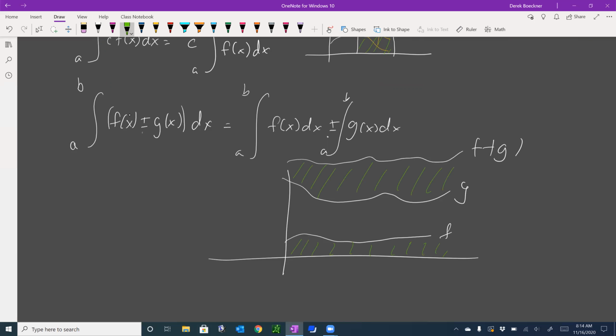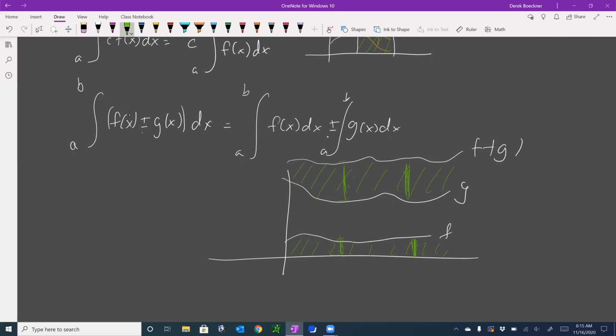I didn't draw things very well, but if you put f on top of g, the area that's under f should be on top of the area that's under g after you add them together. Does that make sense? This height should be this height. This height should be this height. So all of these rectangles should get stacked on top of the g rectangles, and then we just add the areas at the end. That's kind of the idea.